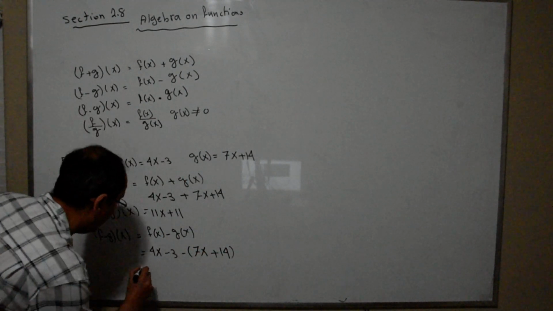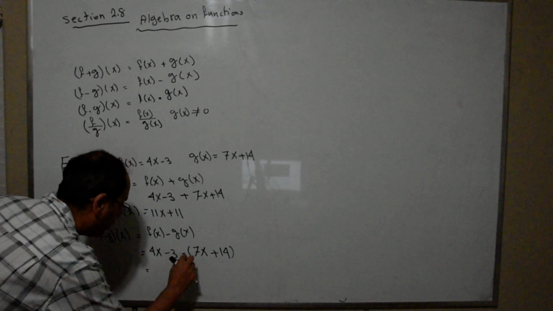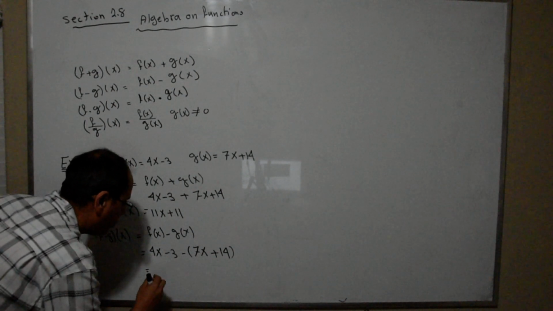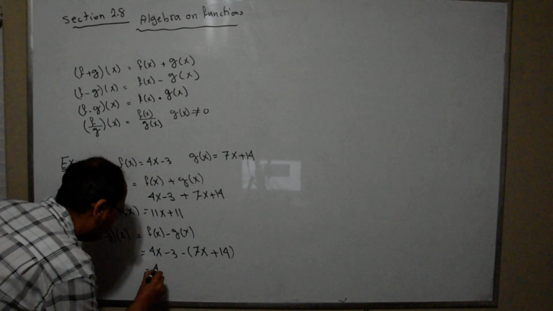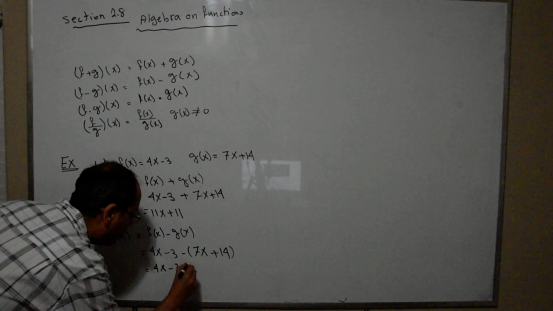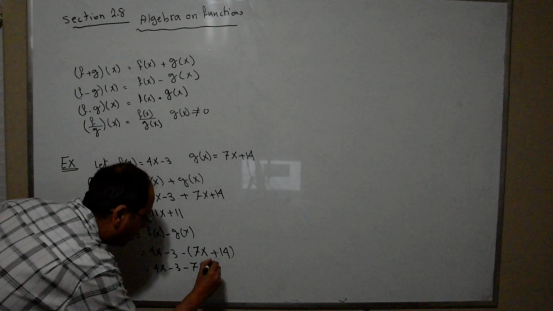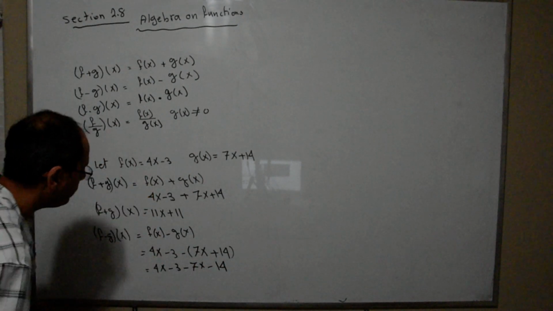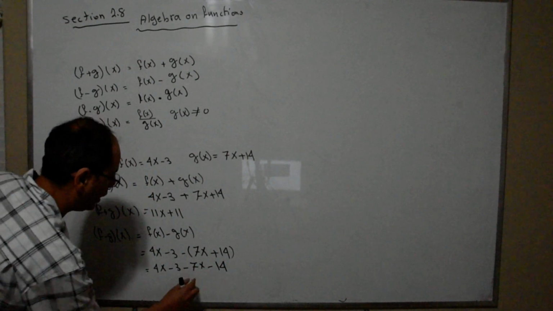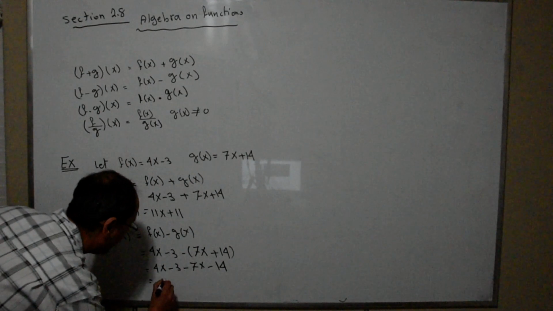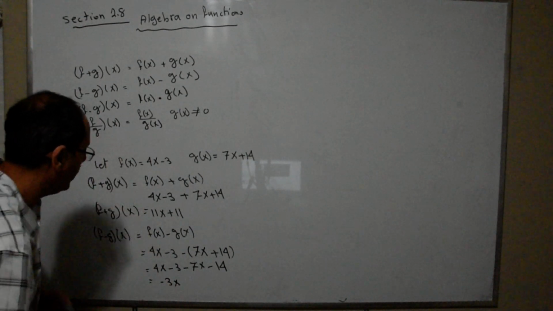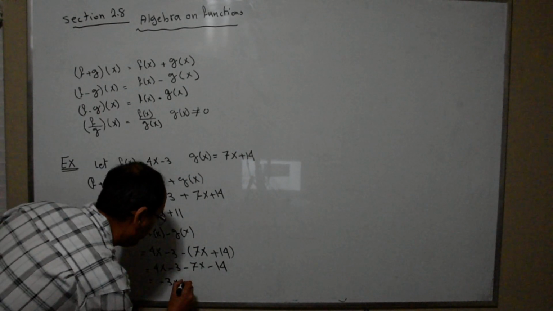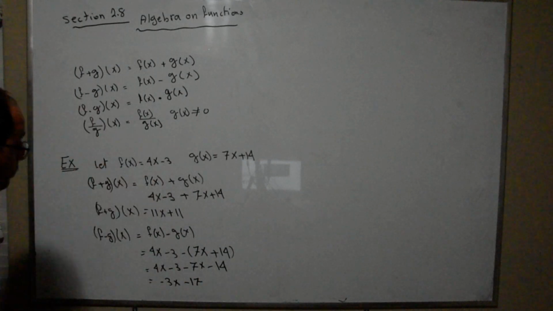Okay, so now I combine this together. Let's distribute the minus. So I have 4x minus 3 minus 7x minus 14. 4x and negative 7x, I have negative 3x, and negative 3 and negative 14 is negative 17.